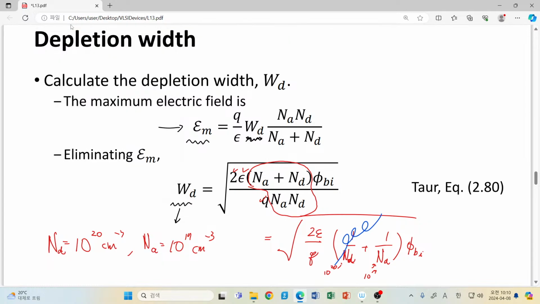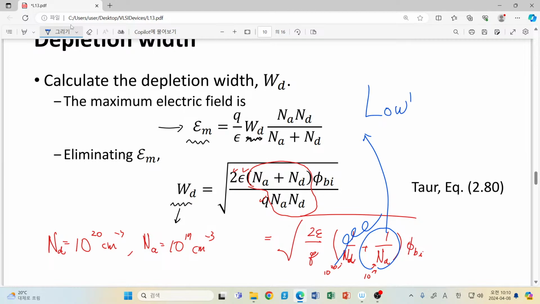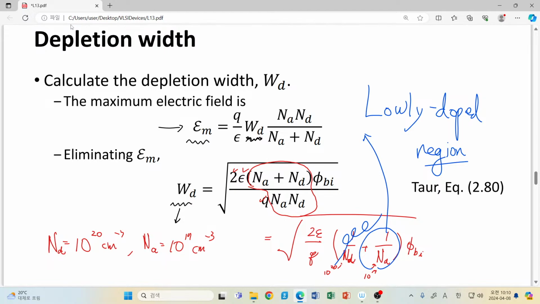The only contribution comes from the lowly doped side. So simply speaking, if you have a one-sided junction, for example an N plus P junction, then which one decides the depletion width? Actually, the p-type doping density determines the depletion width.